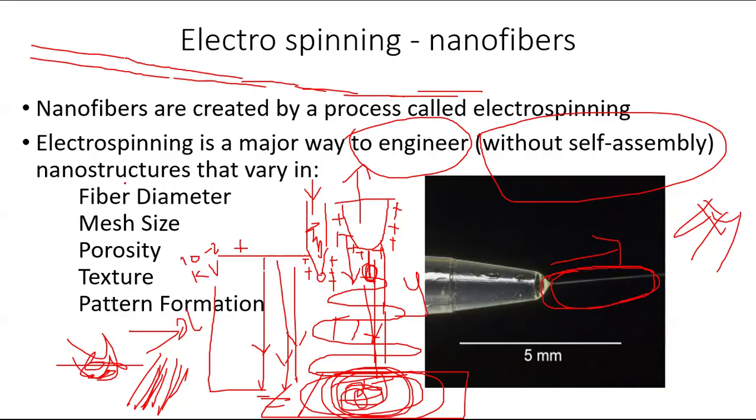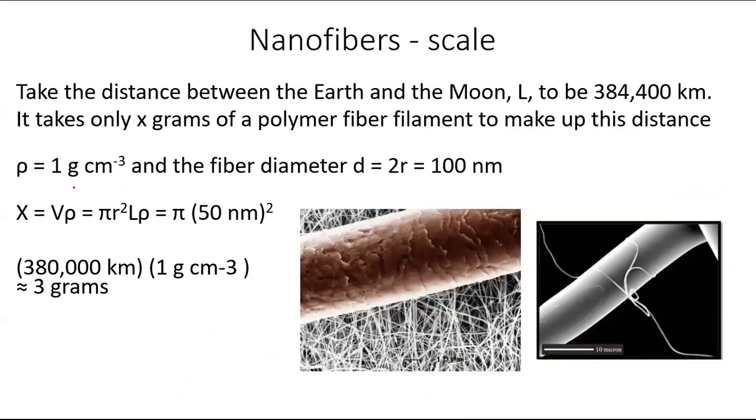What are the parameters? Maybe the fiber diameter, the uniformity of the fiber, the mesh size of the collecting sheet, its porosity, and texture. Like the examples I have given, some of these parameters can be controlled.